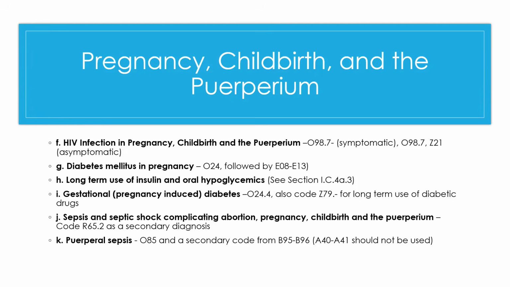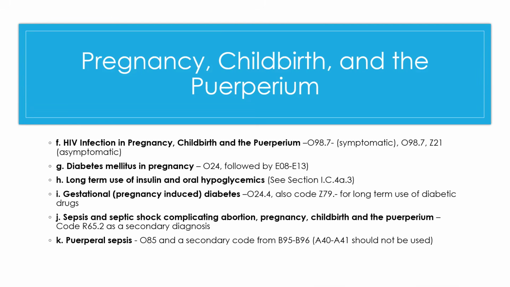Patients with asymptomatic HIV infection status admitted during pregnancy, childbirth, or the puerperium should receive codes O98.7 and Z21 for asymptomatic human immunodeficiency virus, or HIV, infection status.